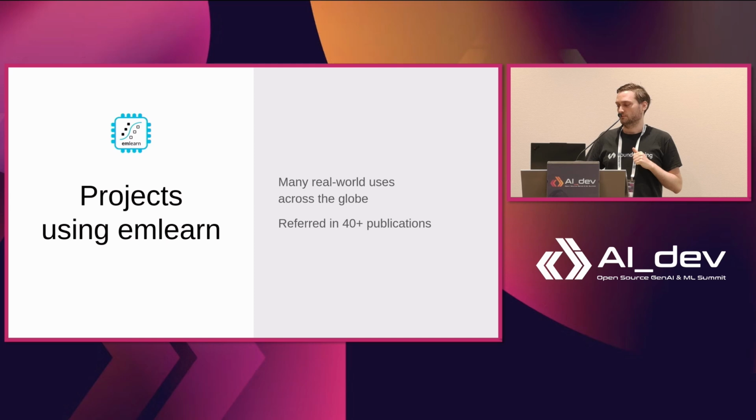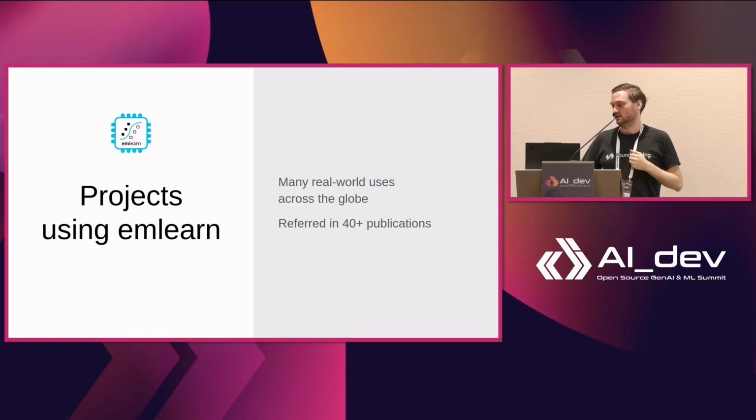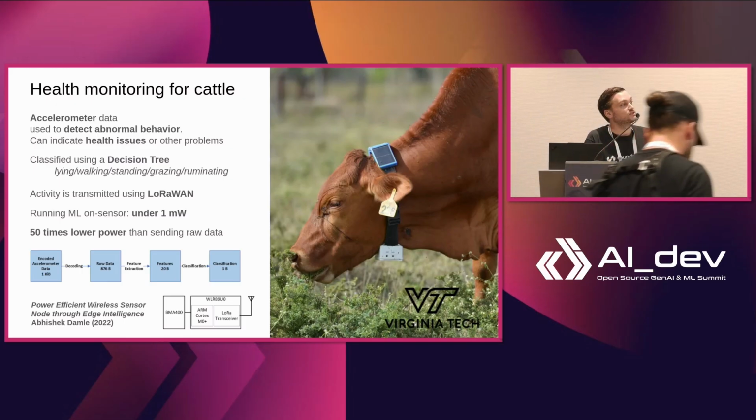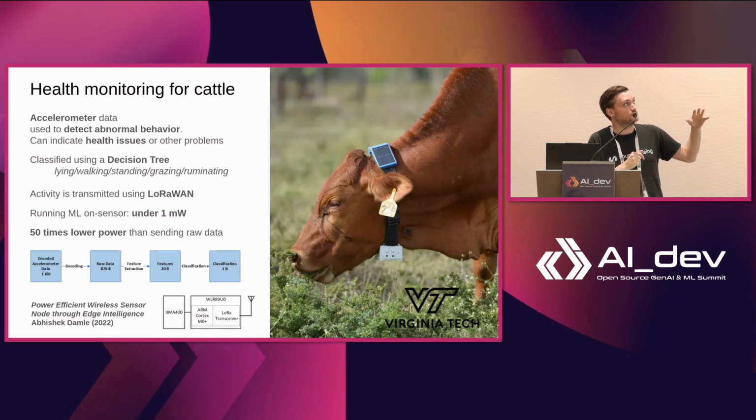So here's some real-world projects. It's been referred to in at least 40 academic publications, probably used in many more projects, but you don't always hear about the consumers in an open source project. But here's one example. This was made by a student at Virginia Tech, although I know that related tech is now deployed on industrial scale.